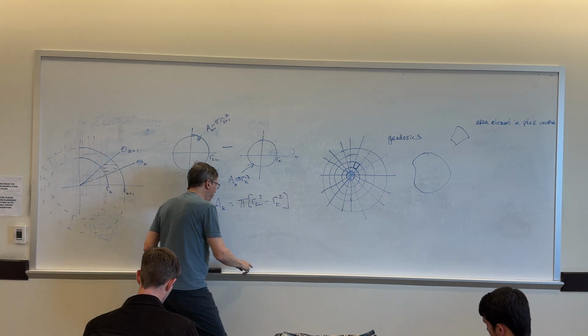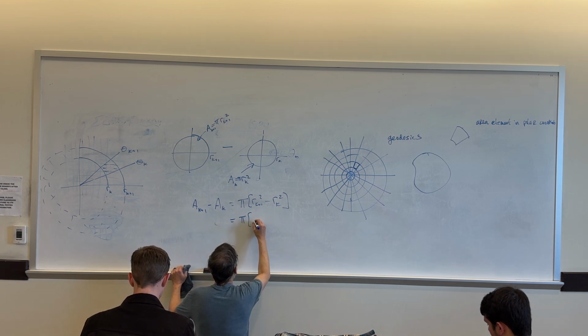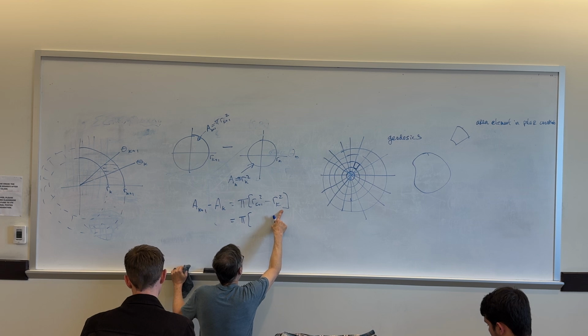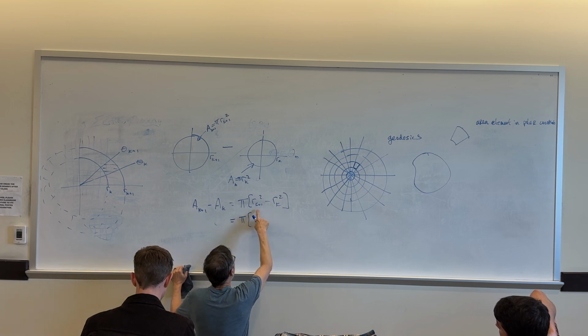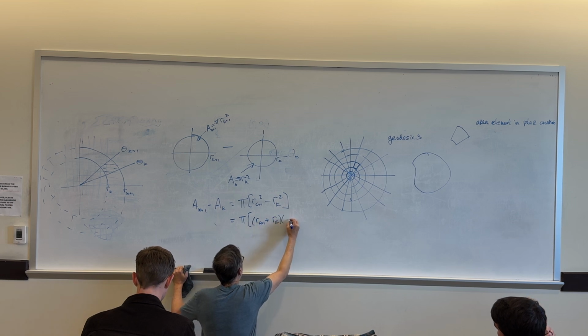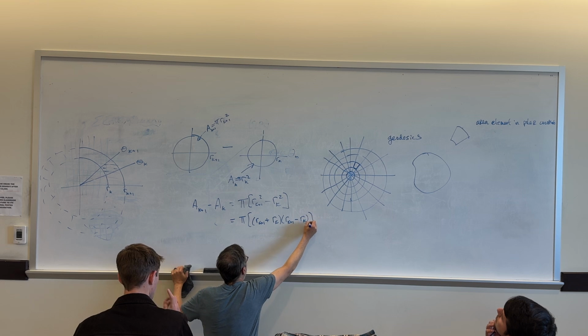And I'm going to do one more thing here, and that is I'm going to rewrite this as pi times, how does this factor? It's the difference of squares, right on. Yeah, r sub k plus 1 plus r sub k times r sub k plus 1 minus r sub k. Love it. Nice. Thank you.